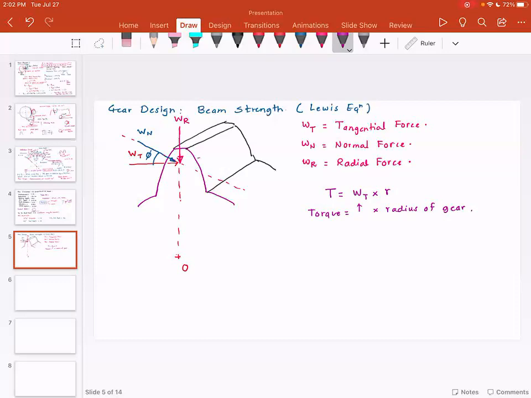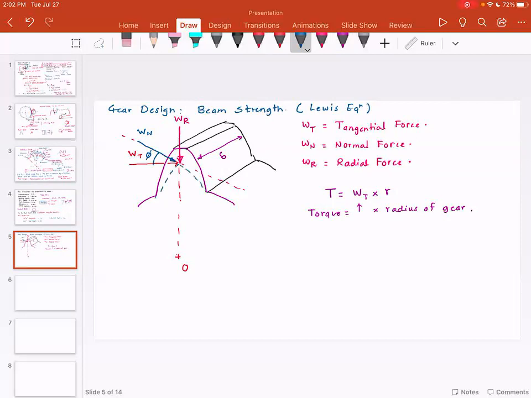This is the face width, called B. What I'm going to do is construct an inner circle or inner profile, something like this.